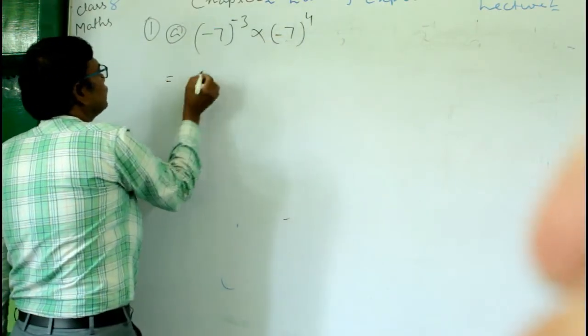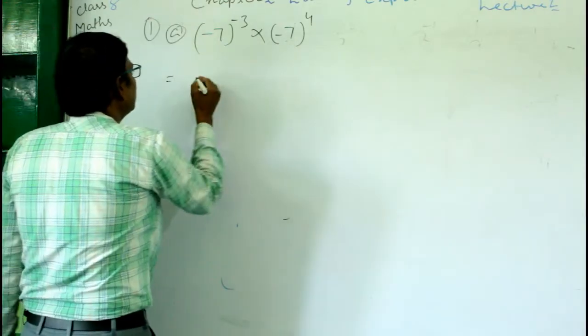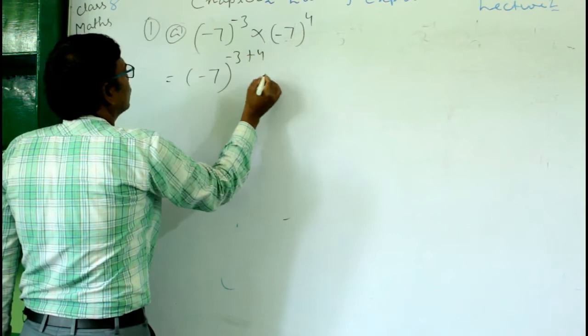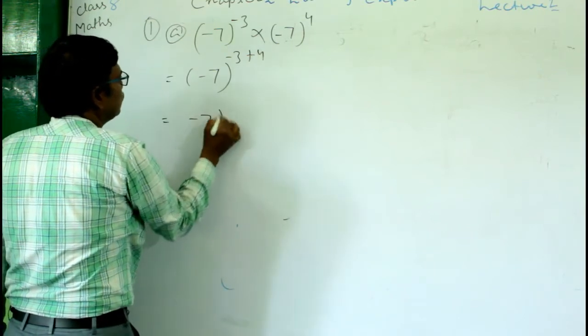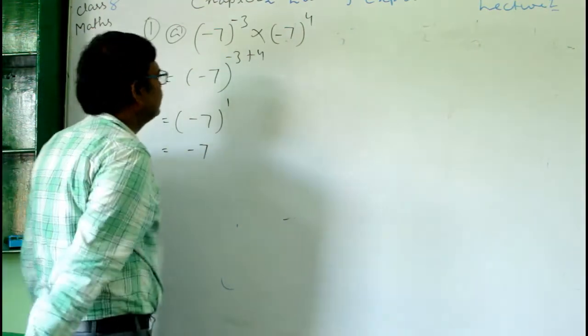Remember the formula: the base is the same here, so it will be minus 7 to the power minus 3 plus 4, which equals minus 7 to the power 1, that is minus 7.